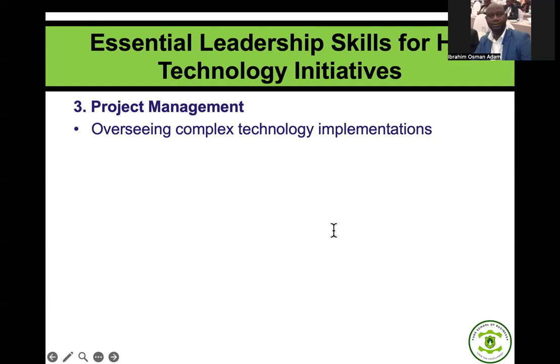It is different from trying to automate all these processes by introducing an HR technology as a leader. So your ability to oversee this complex technology implementation that will replace all the manual stuff they were doing is very important.